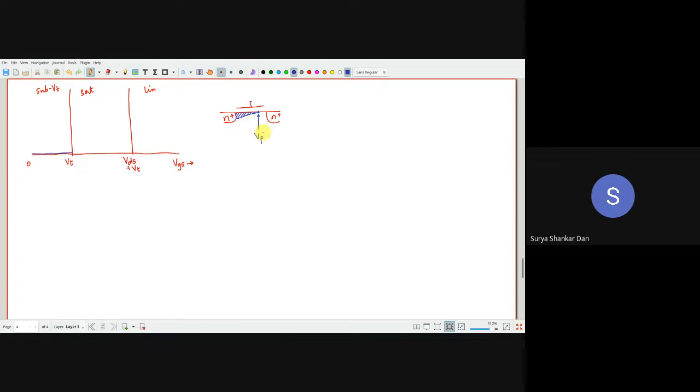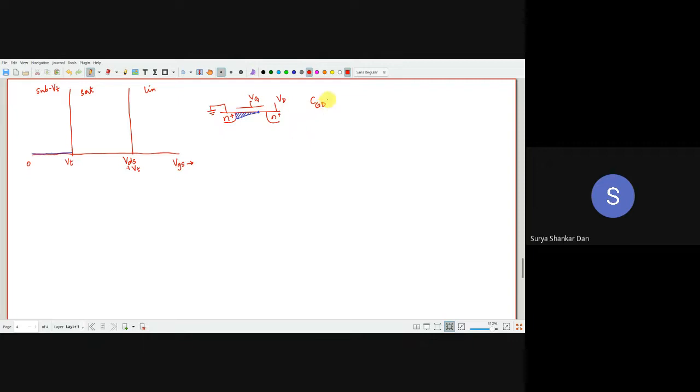अगर यहाँ पर pinch off point है, then first thing is that notice that beyond the pinch off there is no channel. Therefore, what do we get? CGD. So this is your gate, this is the drain. Okay.